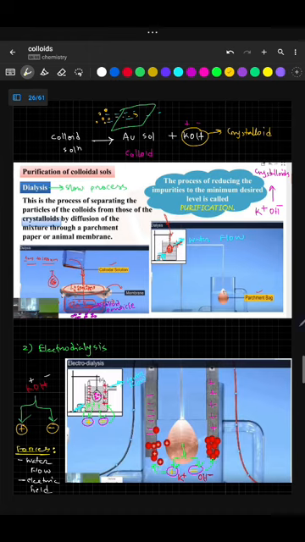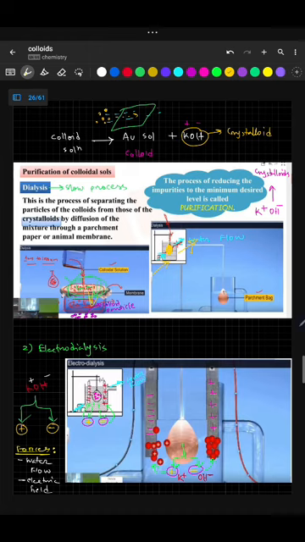From the picture as well, we take this bag with the colloidal particles that couldn't go through the parchment, and we put it in a water flow. This is the bag of semi-permeable membrane, and when water flows in this direction, the impurities diffuse out into the water, leaving the pure colloidal solution inside the bag.